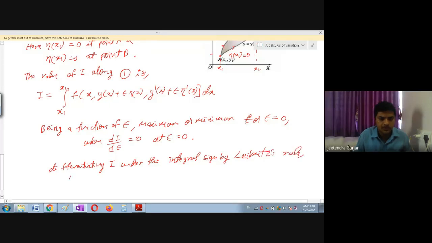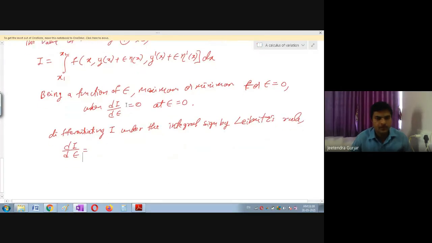So therefore I will differentiate dI upon d epsilon, which is equal to the integration. When the differentiation is taken inside the integration sign, ordinary differentiation will be written in terms of partial differentiation. Please remember this.